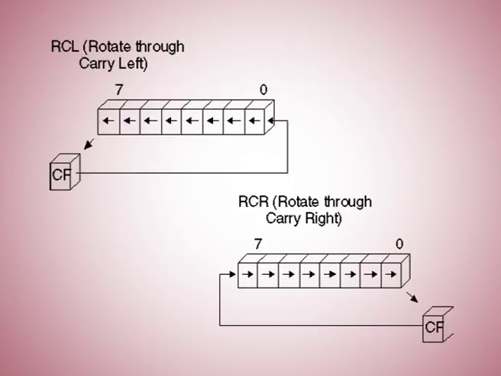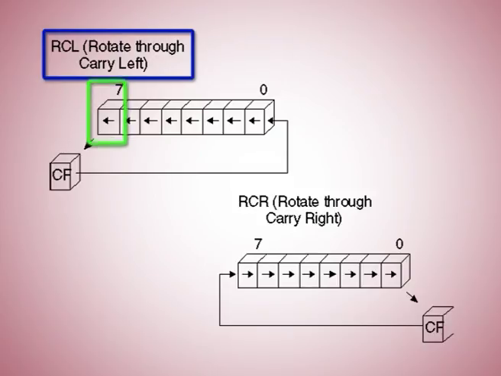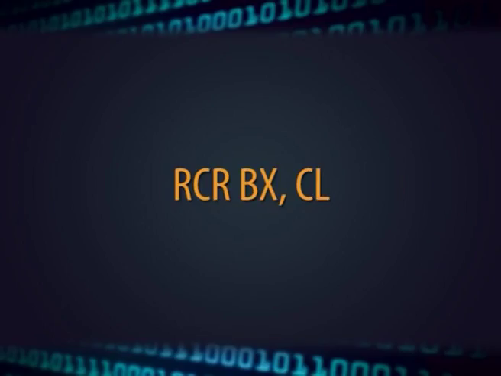A variant of the rotate left or rotate right is through the carry flag. In the case of rotate left with carry flag, the carry flag participates in the rotation in the sense that the most significant bit is copied to the carry flag and then the carry flag is copied to the least significant bit. Again, the rotate operation can be done multiple times as specified in a register by the following instruction.